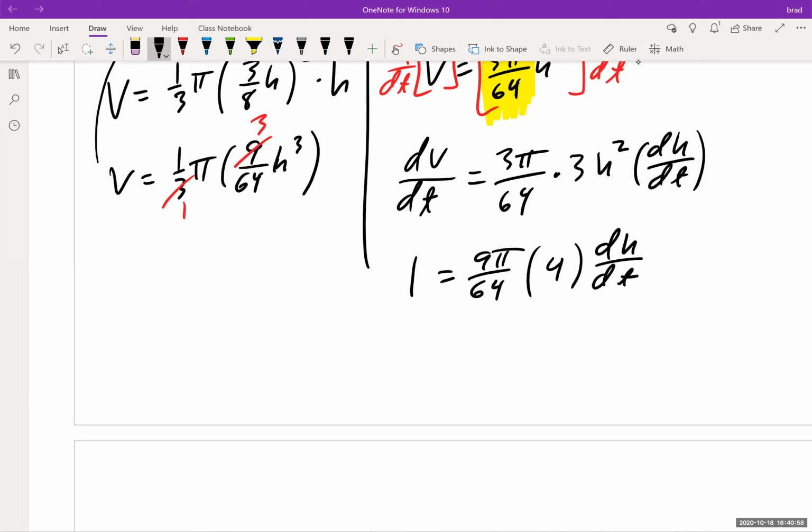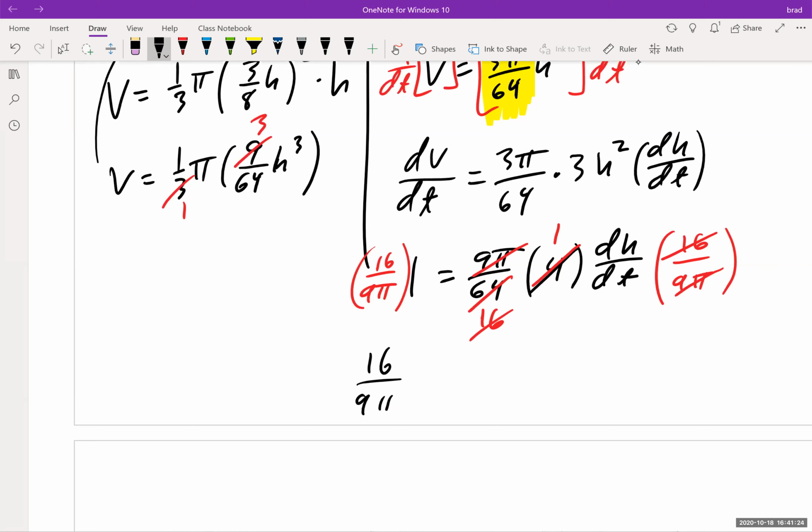Okay, so this can cancel. Oops, I'll do it in red. This can cancel, become 1. This will become 16. So then we're left with, I'm going to multiply right now by the reciprocal. So this would be 16 over 9 pi. And this would cancel with this, and this would cancel with this. And then I'm going to put a 16 over 9 pi here, right? So then I end up with 16 over 9 pi.